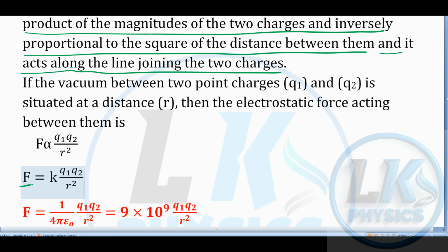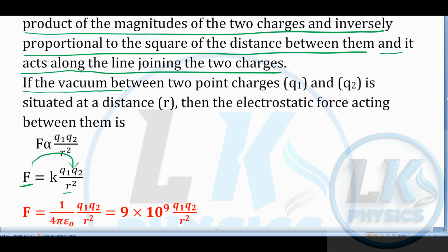This is the electrostatic force acting between the two charges, and it is equal to the product of magnitude of those charges, and it is inversely proportional to the square of distance between them. Let us see the wording for this equation.